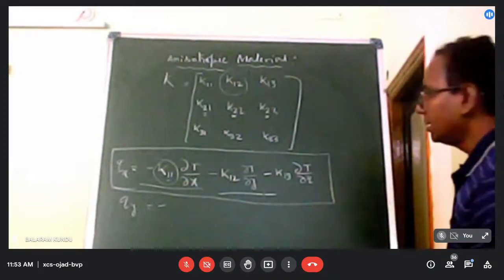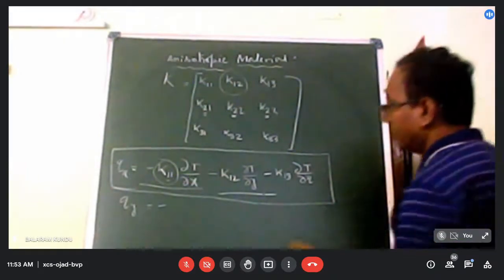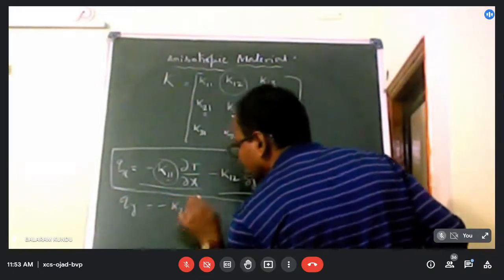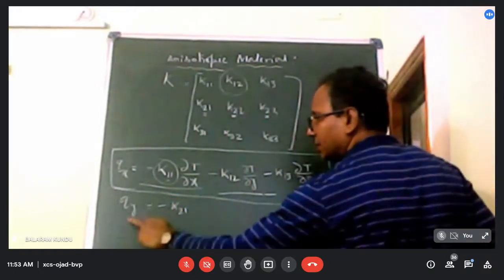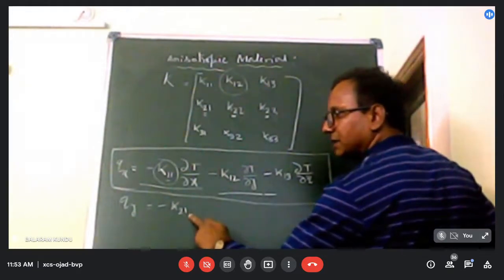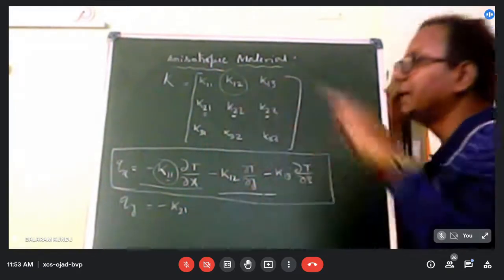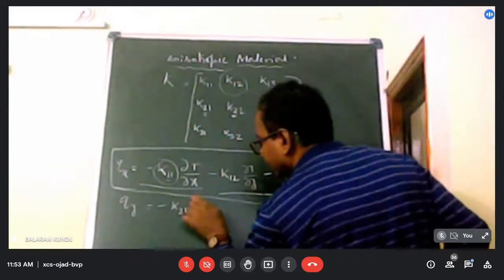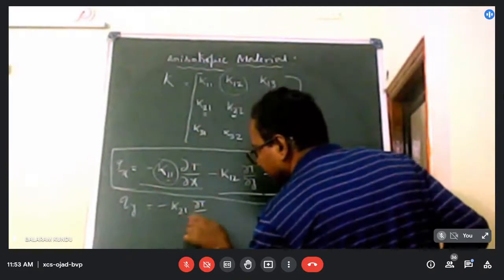The mathematical expression will be obtained by applying Fourier's law of heat conduction, and it will be minus K21, where 2 means y and the second suffix 1 is the temperature gradient in the x direction. So we should multiply this by the temperature gradient in the x direction, del T by del x.